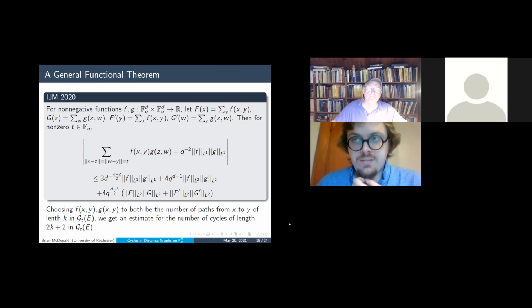If we think about what this sum is counting, it's counting quadruples of points in E, x, y, z, w.